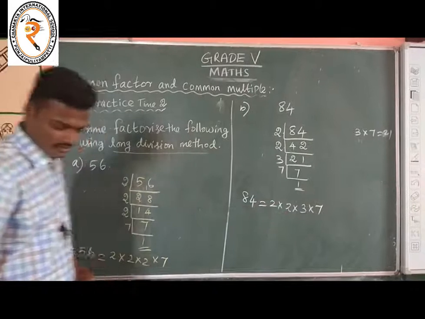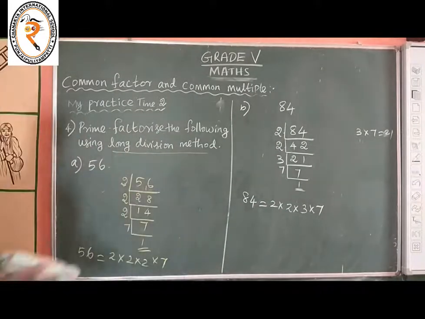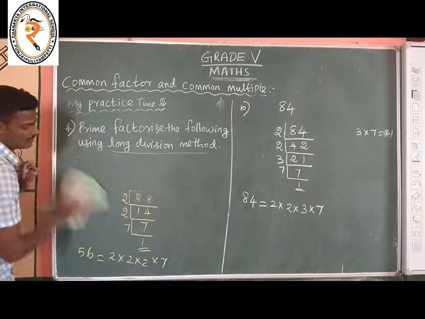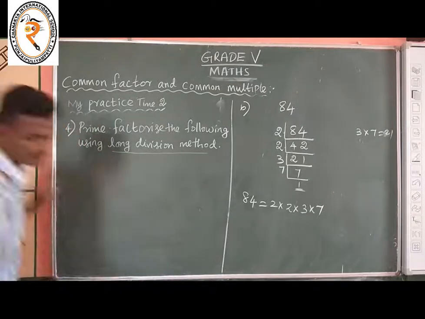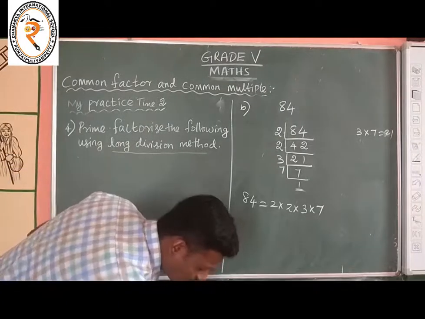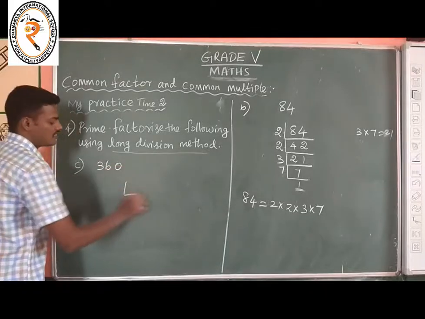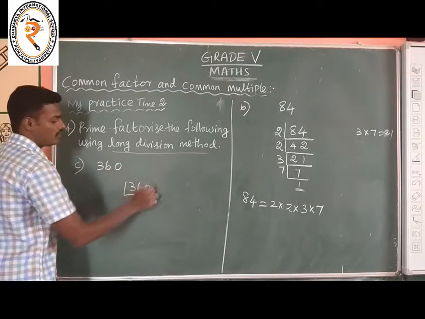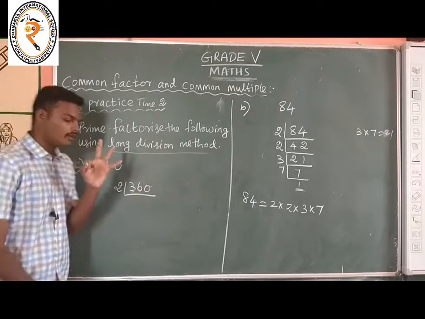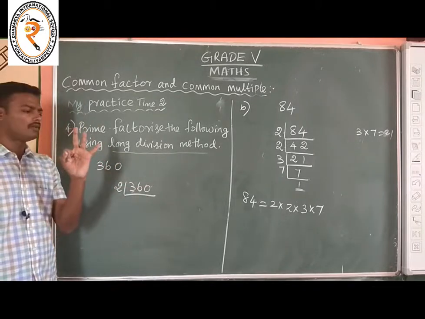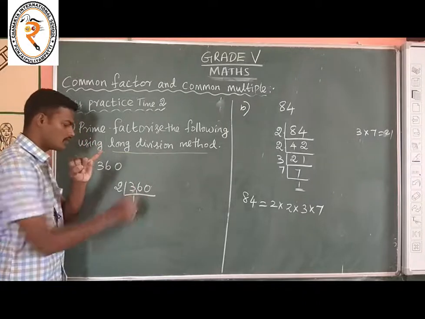Next sum, 360, question number C. 360 is an even number. An even number comes in the second table. First, 3: 3 comes in the second table 1 time and the remaining balance is 1.